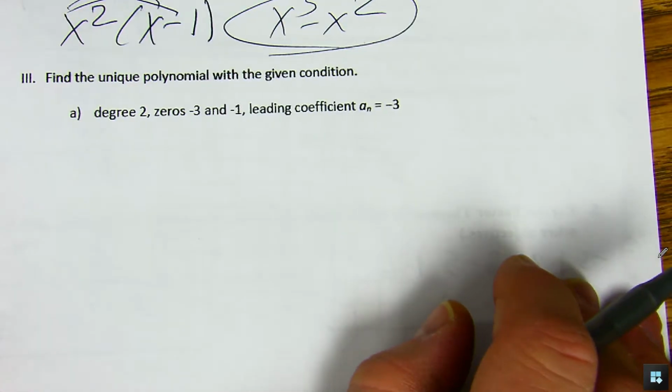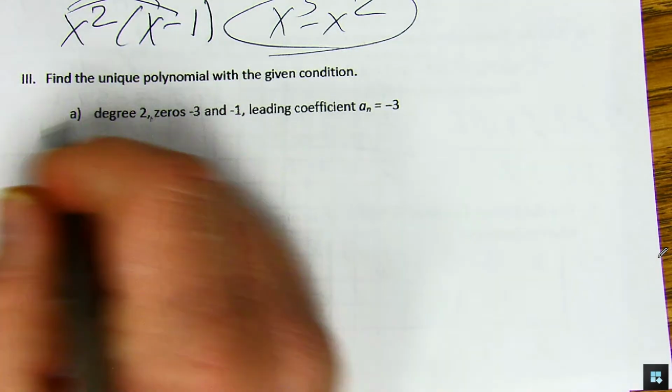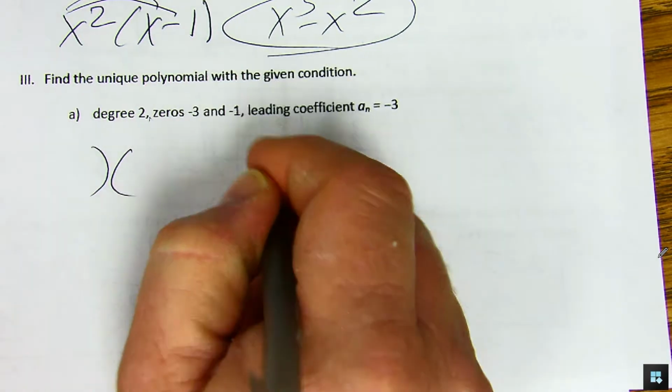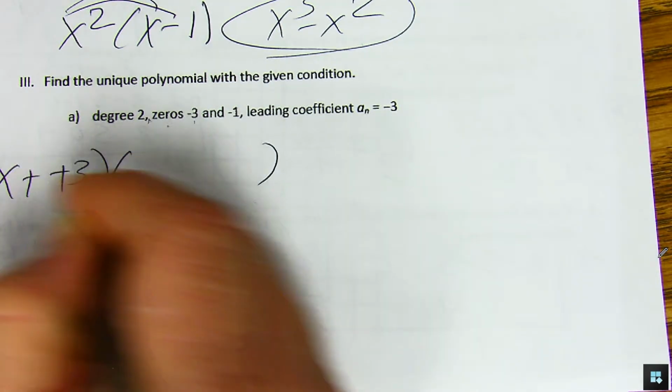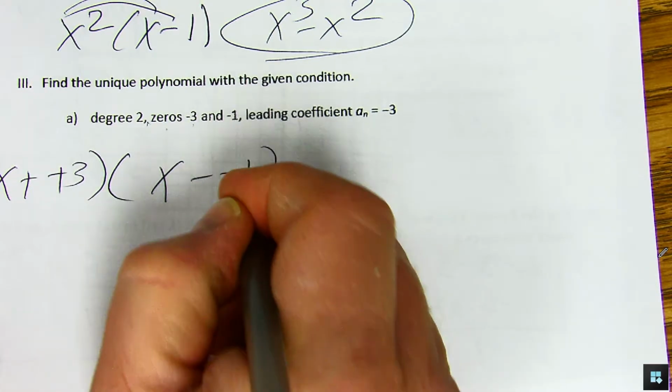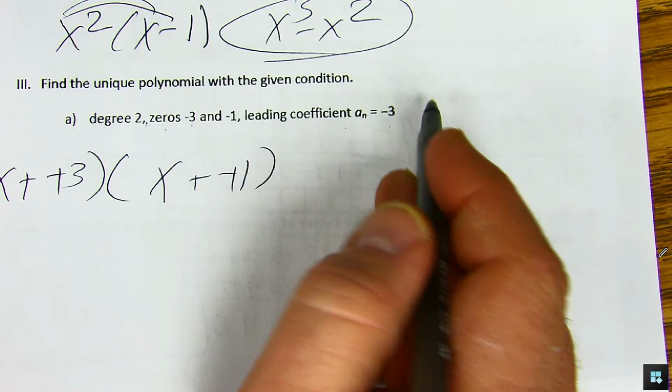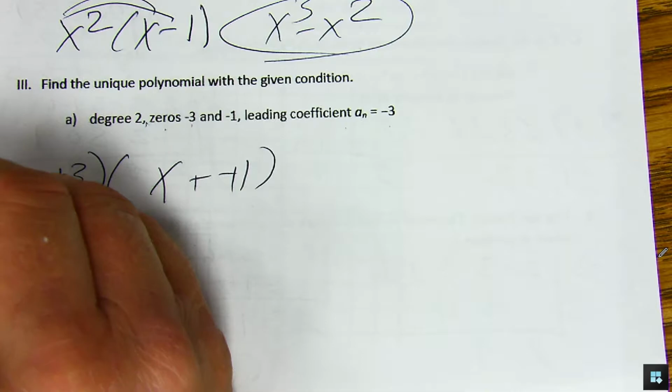Find the polynomial with the given conditions. Degree of 2, so there's going to be 2 zeros. The zeros are negative 3, which is plus 3, and negative 1, which is plus 1. Leading coefficient of negative 3.